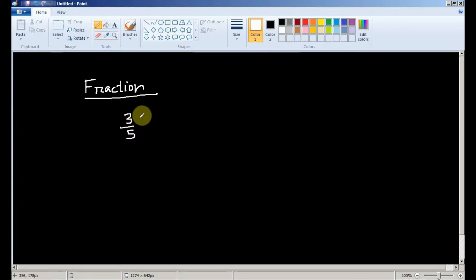This part is known as the numerator, and this part is the denominator. What this means, I will explain in a minute.